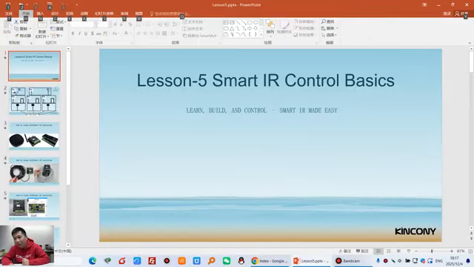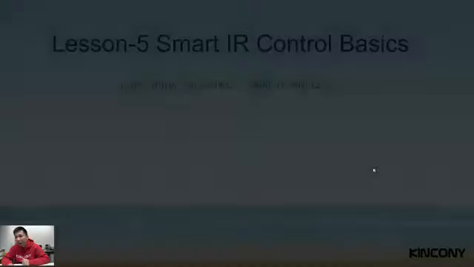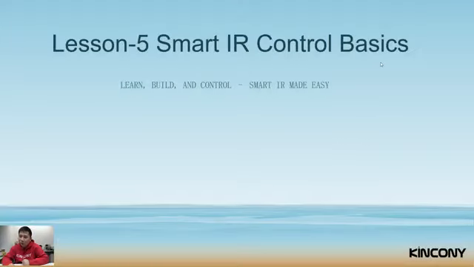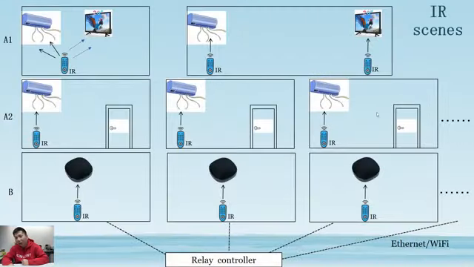You can see this is lesson 5, Smart IR Control Basics, and this has an IR sense. There are some different situations you can see: this is A1, A2, and B. A1 is the simplest solution.